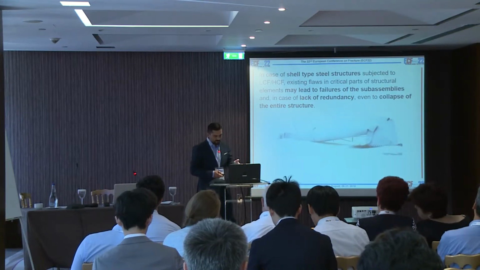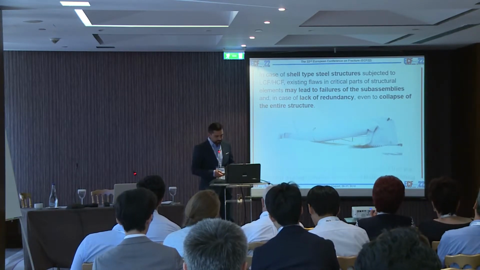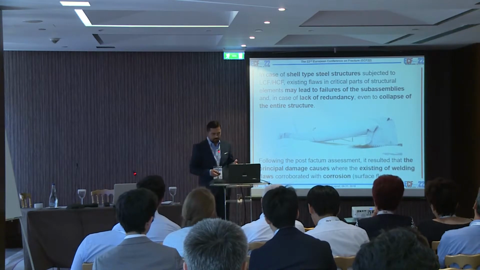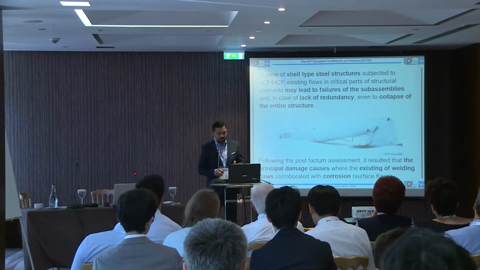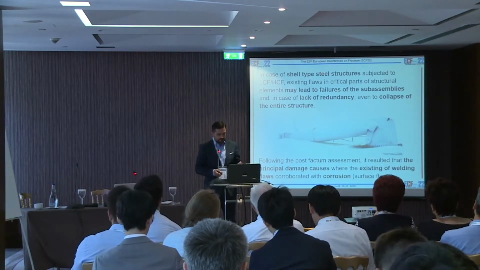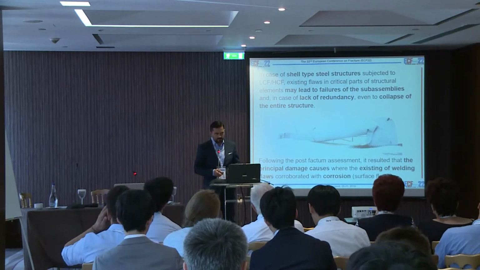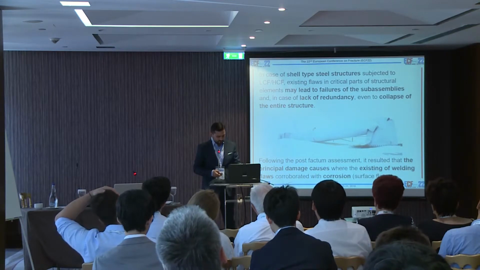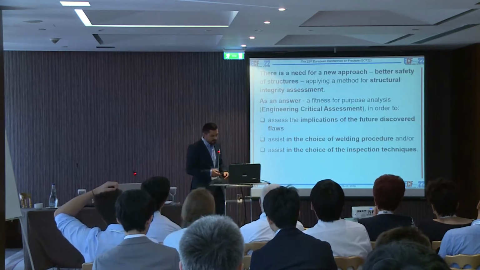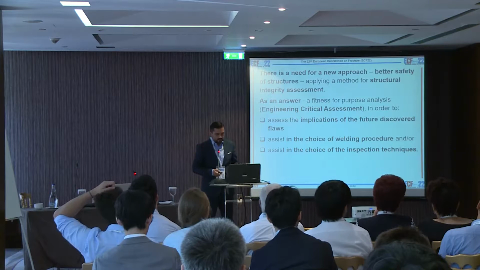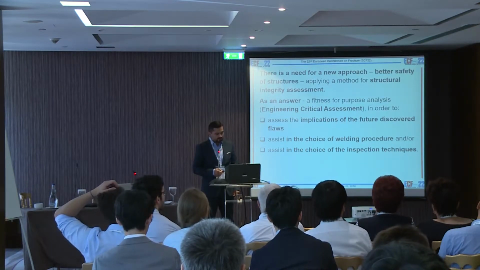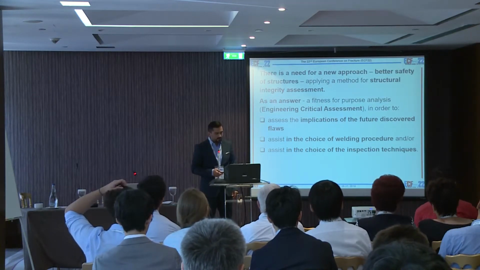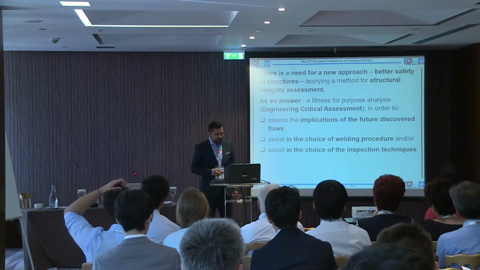Maybe an example here is a windmill tower. Following the post-factum assessment, the results were that the principal damage causes were the defects, especially the weld defects, and of course the corrosion types. As I said, there is a need for a new approach, a better safety of the structures, applying a method for structural integrity assessment.